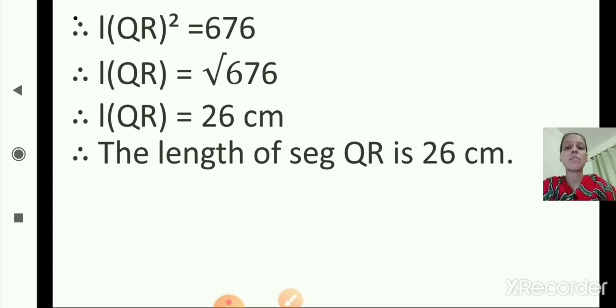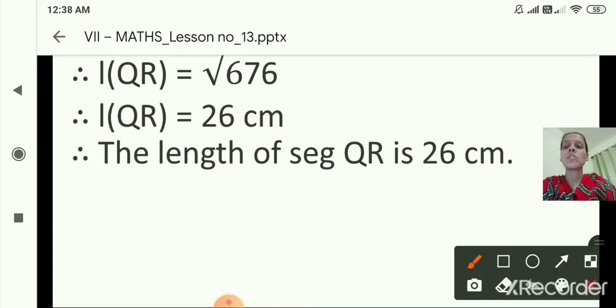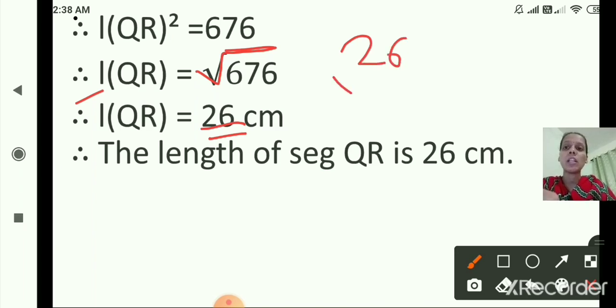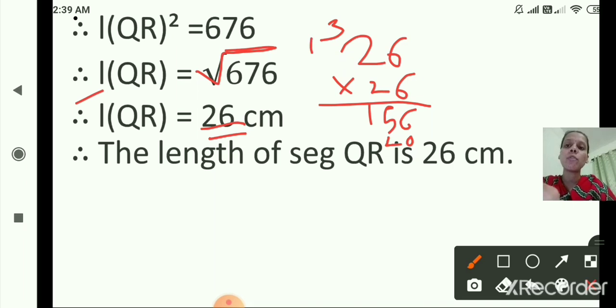Now see the next step. QR square is equal to 676. We have to find out the length of QR, not QR square. So length of QR is equal to the square root of 676. What is the square root of 676? That is 26. See here, 26 multiplied by 26. 6 sixes are 36, 6 here, 3 carrying, 6 twos are 12, 13, 14, 15. 0 here, 6 twos are 12, 1 carrying, 2 twos are 4 plus 1, 5.